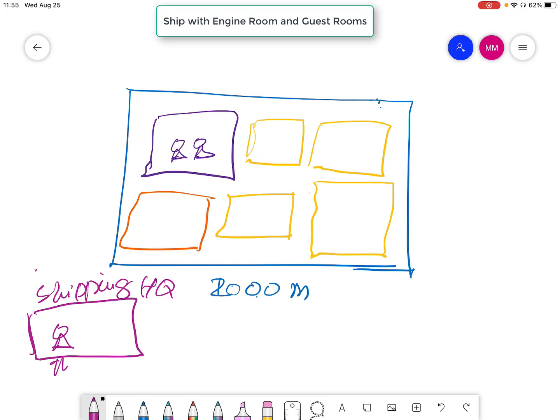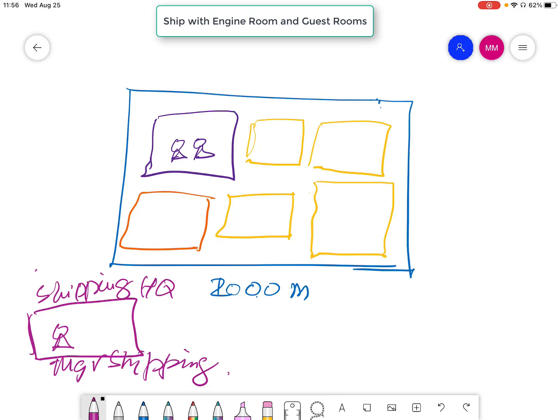What this person does is he decides to say, hey, make sure these rooms are filled with guests and cargo, and also make sure that we've got the right number of rooms in here.